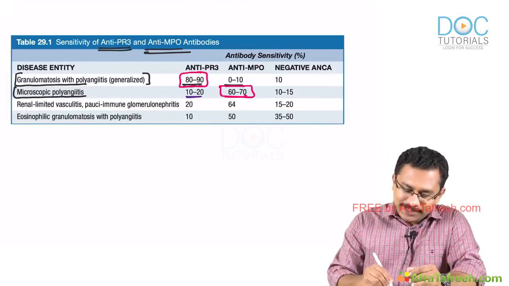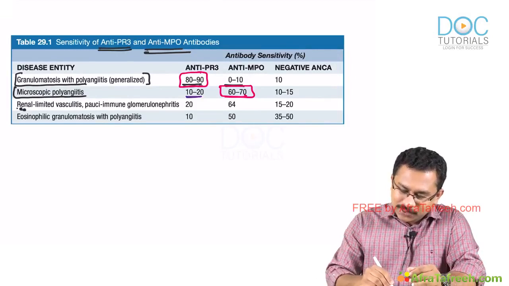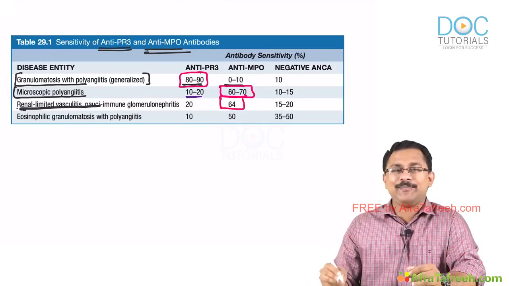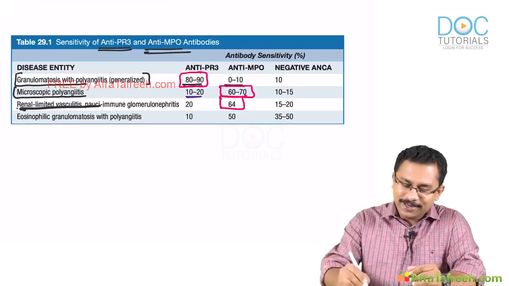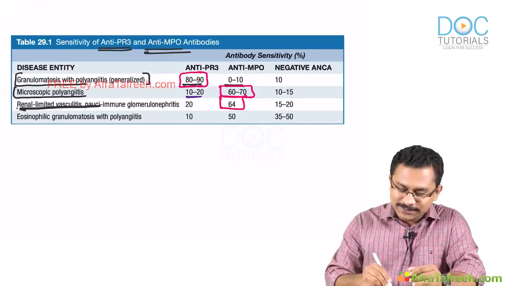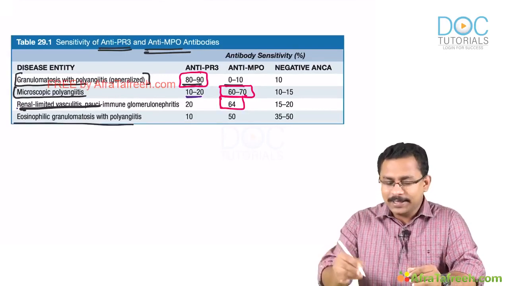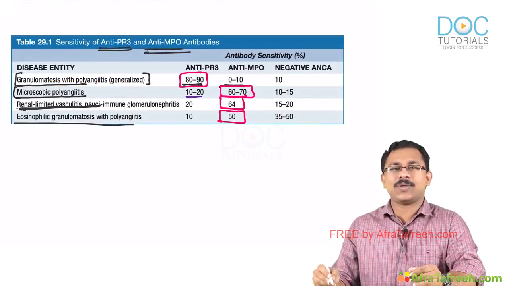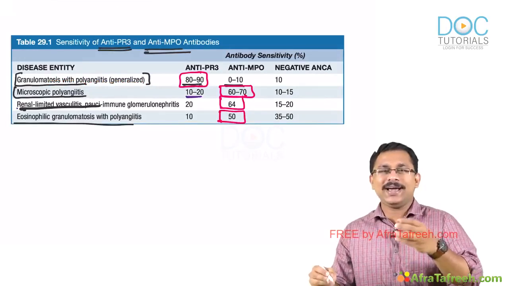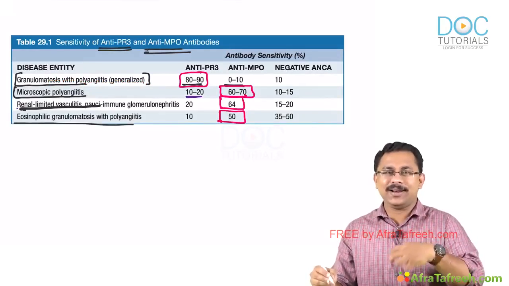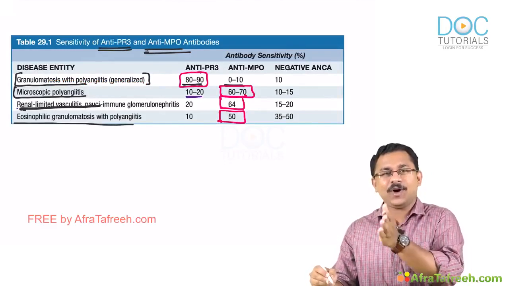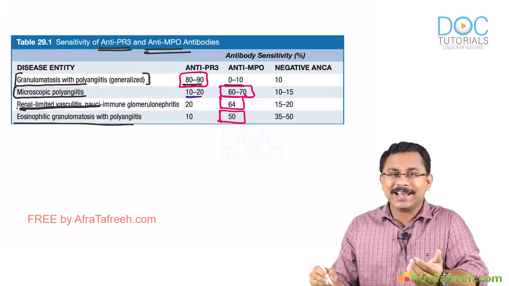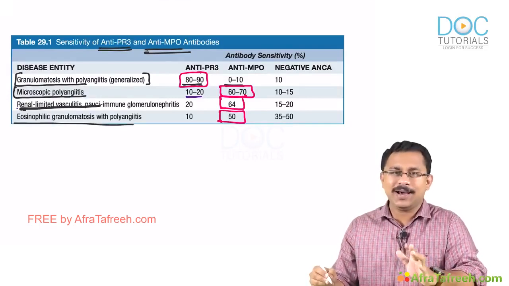Renal limited vasculitis, you can see that almost 64% is your anti-MPO. And the final one, your Churg-Strauss vasculitis or the EGPA, you can see that almost 50% is anti-myeloperoxidase. So out of the ANCA associated vasculitis that we are learning, 3 of them are predominantly showing an anti-MPO positivity, whereas your Wegener's granulomatosis is showing an anti-PR3 positivity.